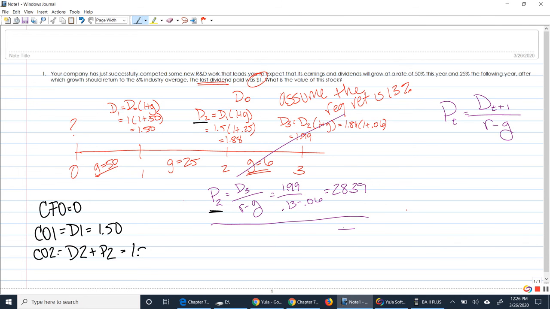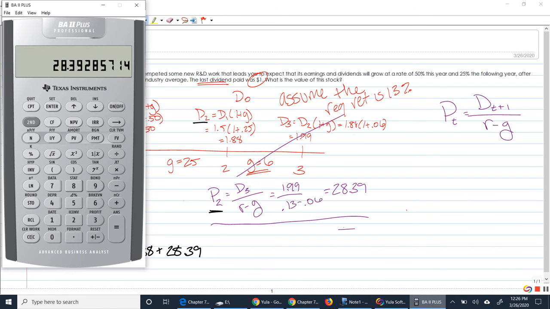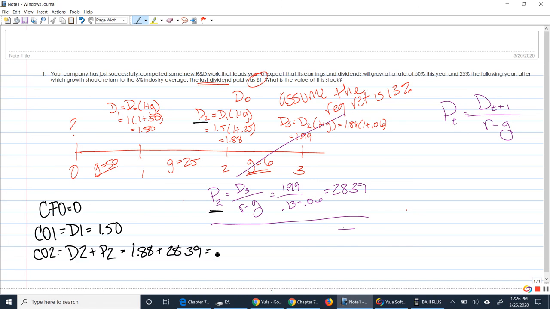So $1.88 plus $28.39, and I get $30.27. Again, if yours is a little bit off due to rounding, that shouldn't affect your answer dramatically. Then you need to push the NPV button, enter in your discount rate of 13%, and then enter down and compute.